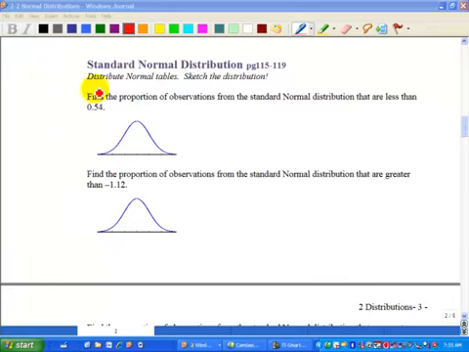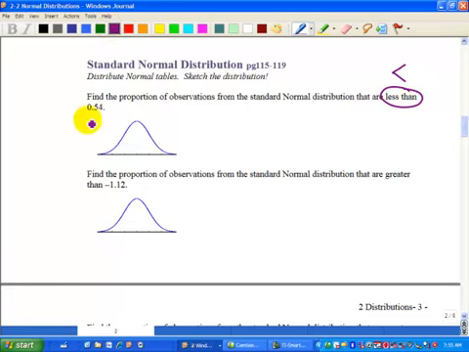Okay, so now we're supposed to look at these graphs and find out what proportion is, let's read it. Find the proportion of observations from the standard normal distribution that are less than, okay, so less than, that's going down, 0.54. So this number is the standard deviation. So I say, okay, here's the mean.